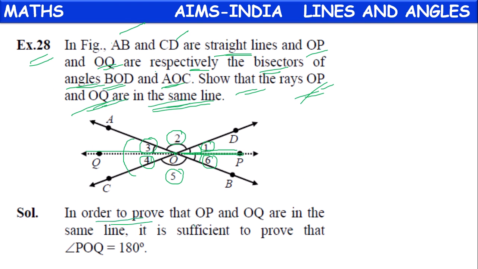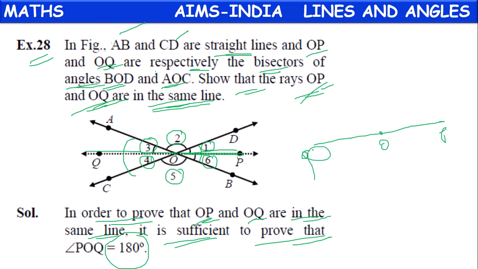So in order to prove OP and OQ are in the same line, it is sufficient to prove that POQ equals 180 degrees. This POQ means the angle formed at O. That we have to prove. If it is proved, they will be on a line.